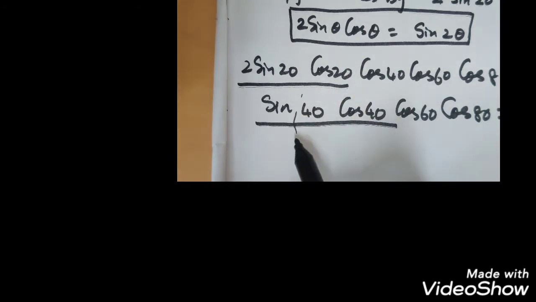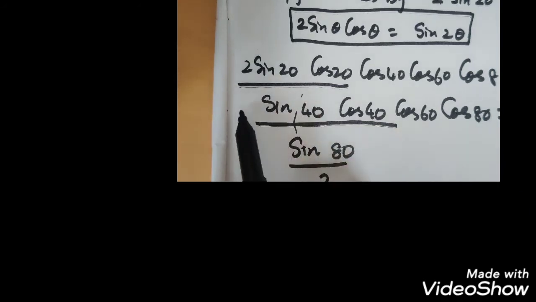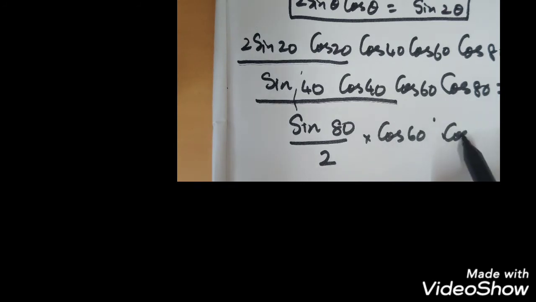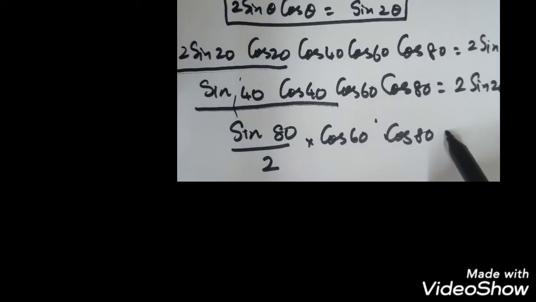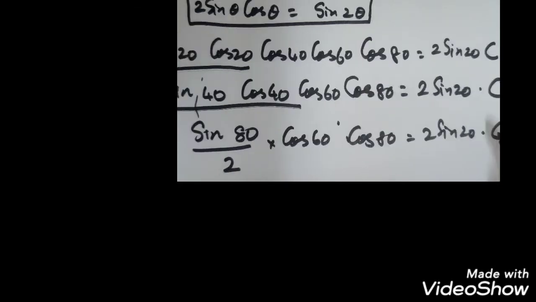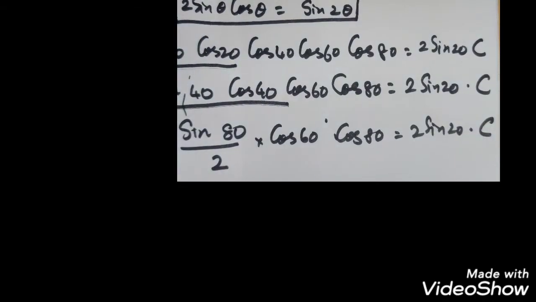So I know that it is nothing but sine of 2 into 40 is 80 divided by 2, because I did not have a 2 there. This is nothing but sine 80 divided by 2, and I write the remaining as it is, cos 60, cos 80, and on the right hand side is 2 sine 20 into c. So I keep it as it is.